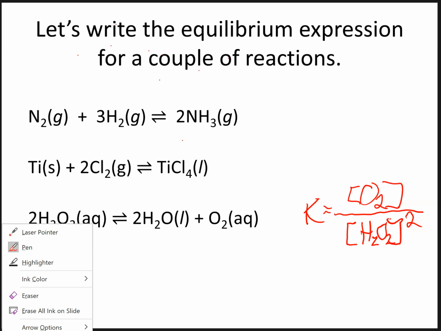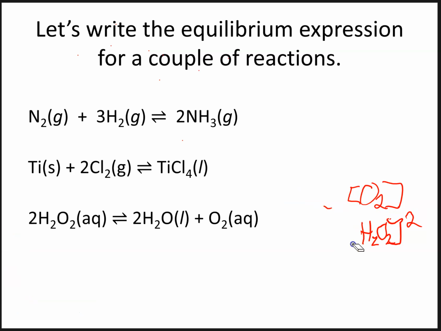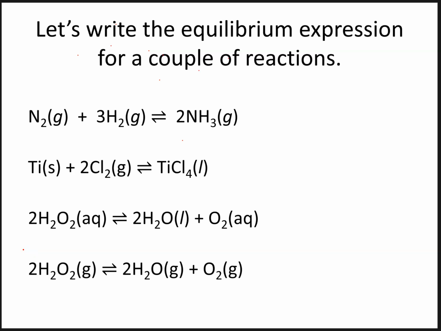And then finally I'm going to do the reaction one more time, but it's going to be written a little bit differently in that the reaction is now all in the gas phase. So the equilibrium expression will be Kp, since everything's a vapor, is equal to, now we're going to include H2O this time because it is a gas and not a liquid.